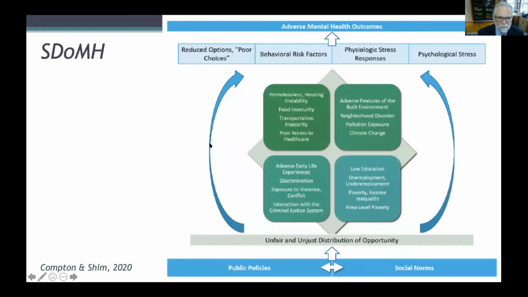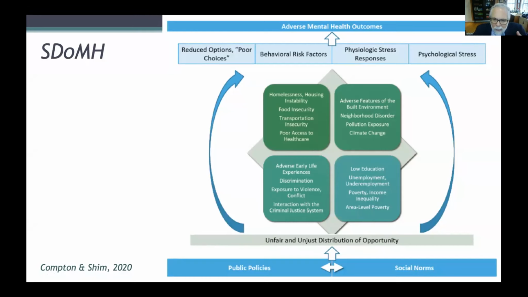This next slide focuses on social determinants of mental health, and in particular highlights the mediational aspect of social determinants. For example, at the bottom level here in blue, you see more larger social elements that affect the distribution of opportunity and resources. And then you see how that distribution is filtered through different kinds of determinants that have to do with housing and living conditions, early life experiences like trauma or discrimination, education, unemployment, many different ways of categorizing these.